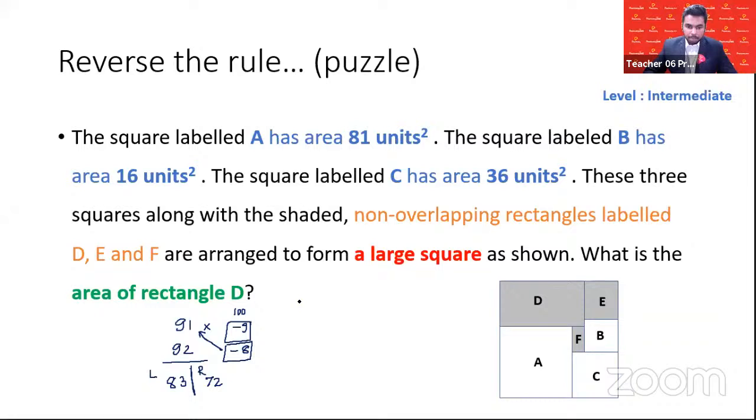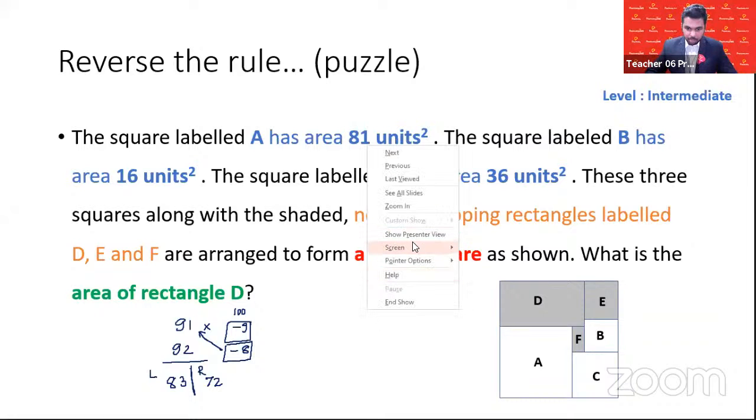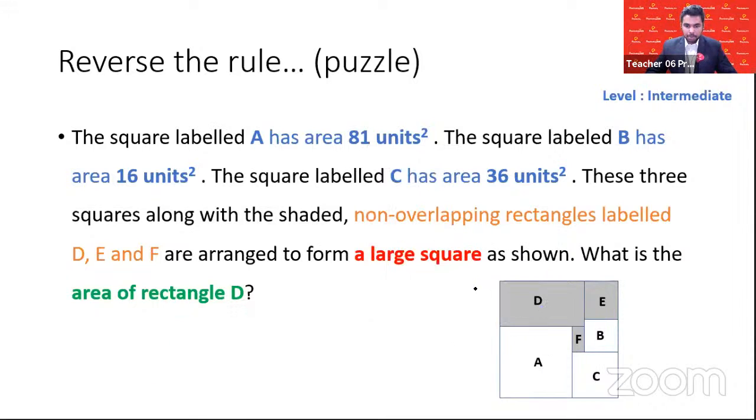Okay, now coming back to this particular problem that I'm showing. This is a puzzle for you to solve. The puzzle has a square. This large square has side, say, called A. So this side is also A because it's a square. A square always has the same side.